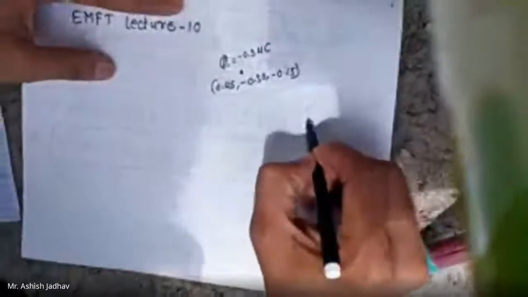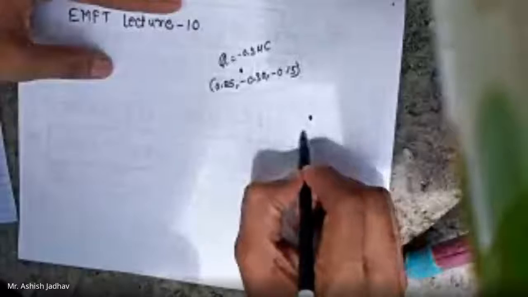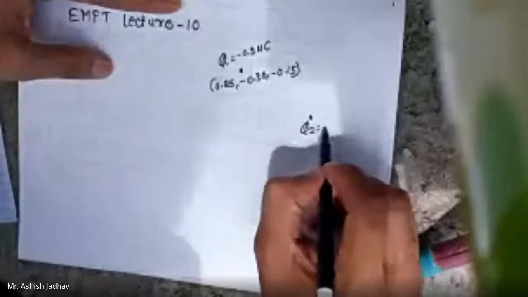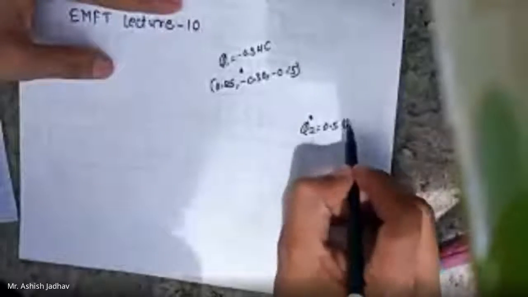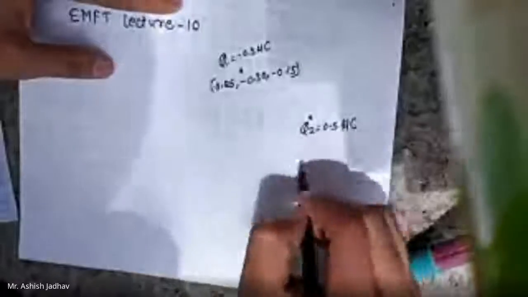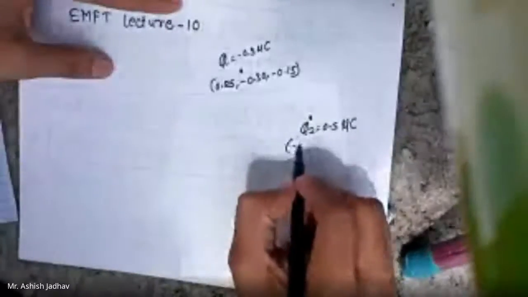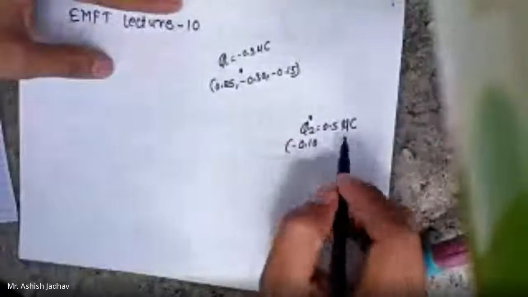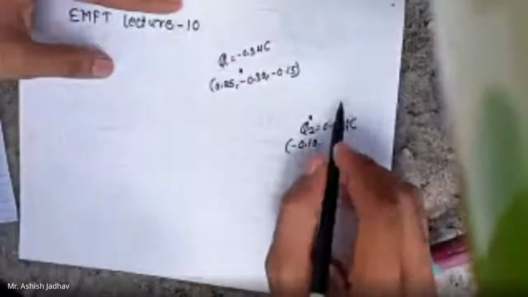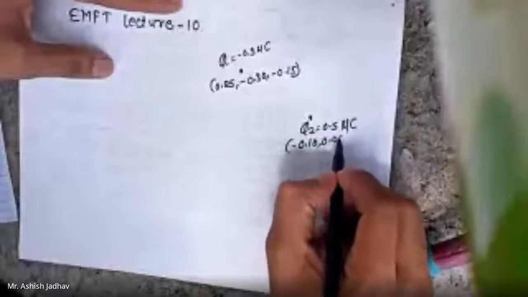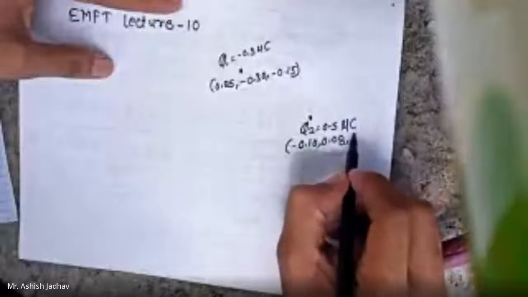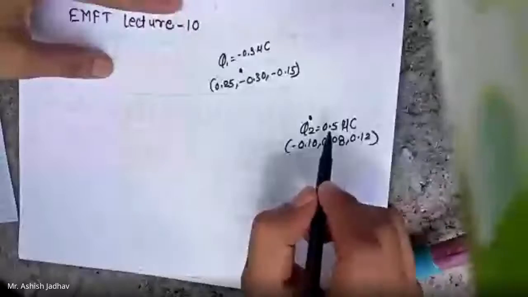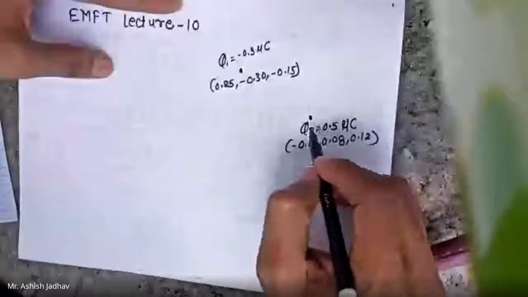Then the second charge is placed somewhere here, Q2. The value of Q2 is 0.5 microcoulomb, and its coordinates, converting to meters, are minus 0.10, 0.08, 0.12. These are the coordinates of the second point charge.